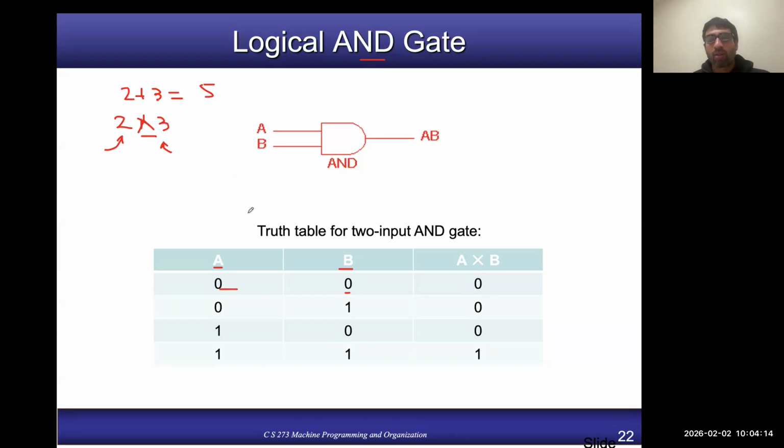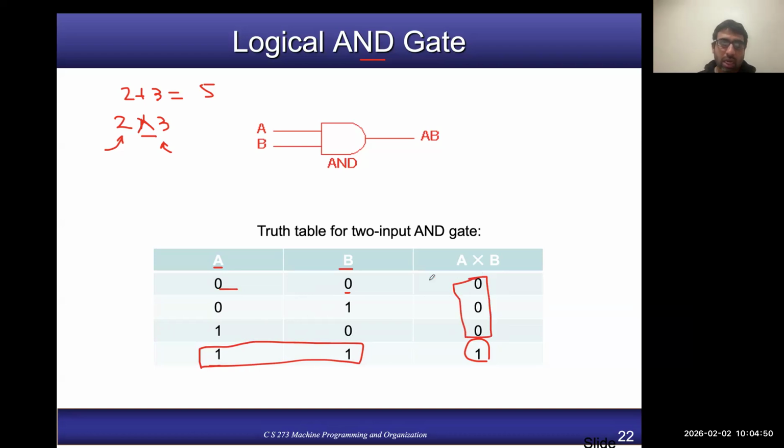So the result of the AND operation between two input operands is 0 if both of the input operands are 0. If one is 0 and the other is 1, the result is still 0. If A is 1 and B is 0, the result is still 0. The output of the AND operation is 1 only if both input bits are 1. If any one of them is 0, the result is 0.